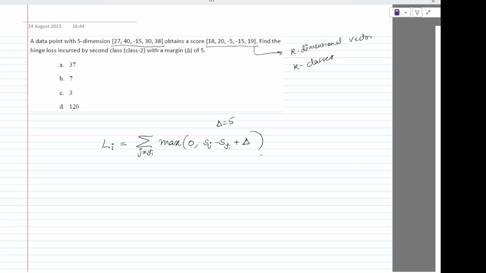This is the hinge loss, where sj is the score for the jth class, and yi is, here, given as 2.